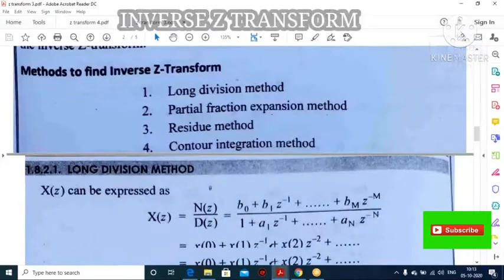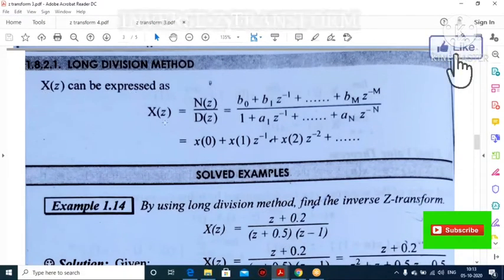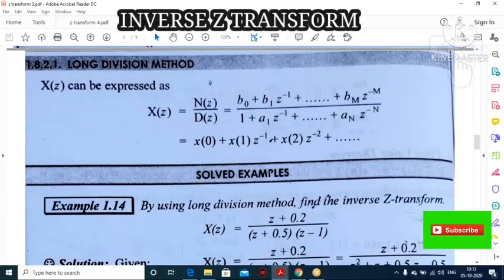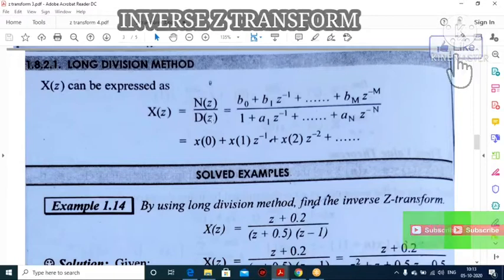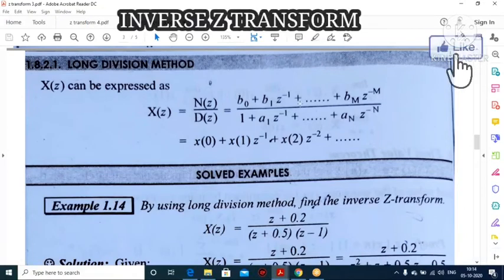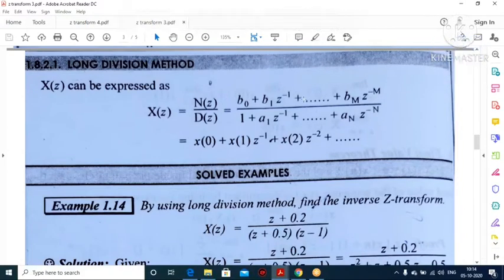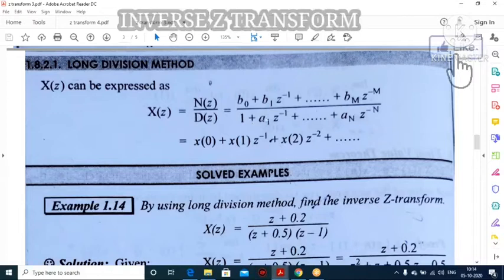First method. Our x of Z can be expressed as the ratio of numerator part of Z divided by denominator part of Z. The numerator consists of B0 plus B1 Z inverse plus B2 Z power minus 2 plus B3 Z power minus 3 up to Bm Z power minus m, divided by the denominator, which starts from 1 plus A1 Z inverse plus A2 Z power minus 2 plus A3 Z power minus 3 plus up to An Z power minus n.